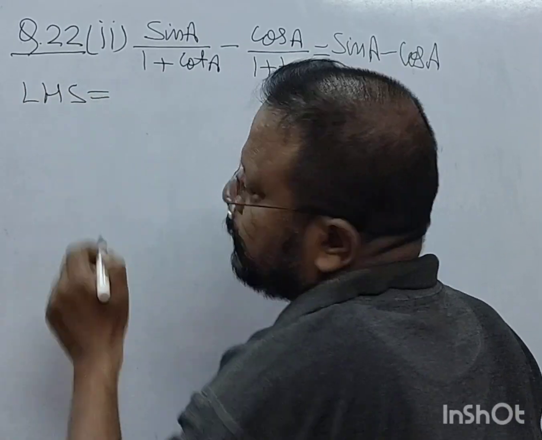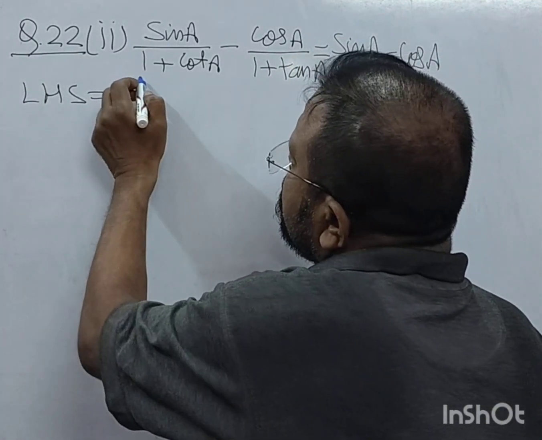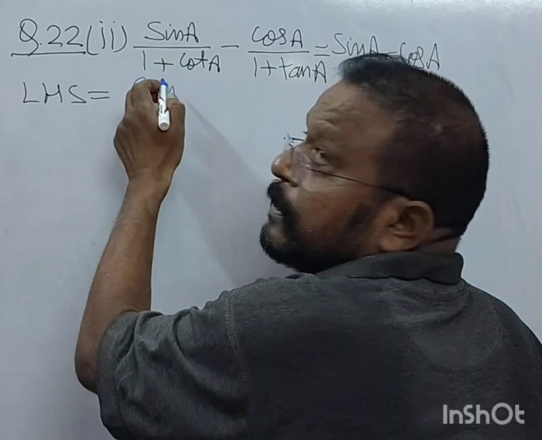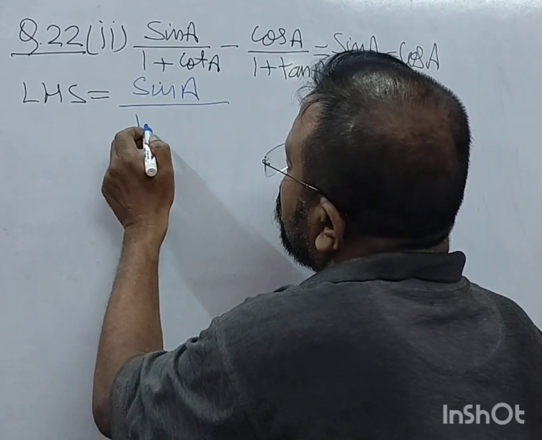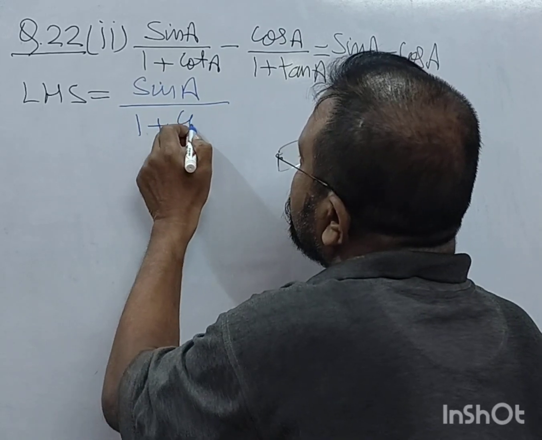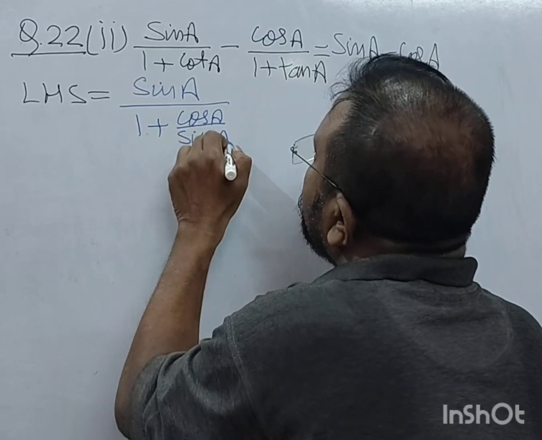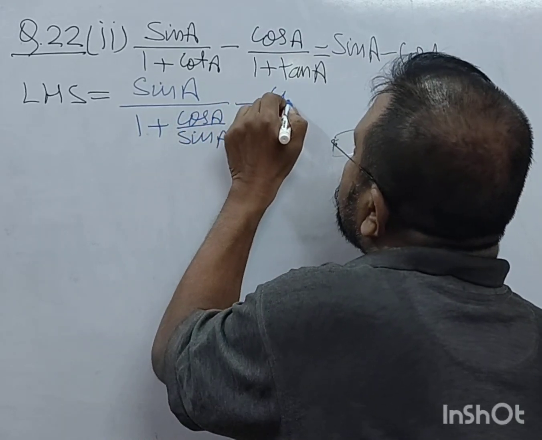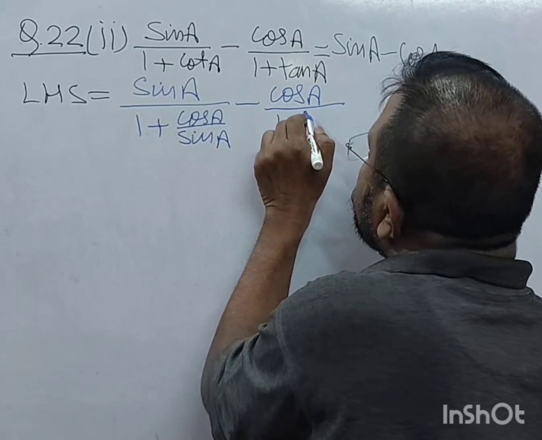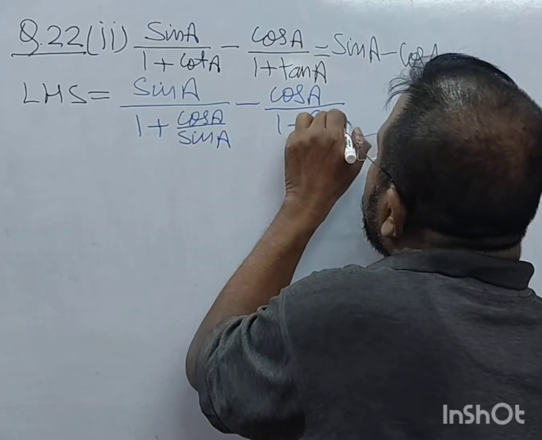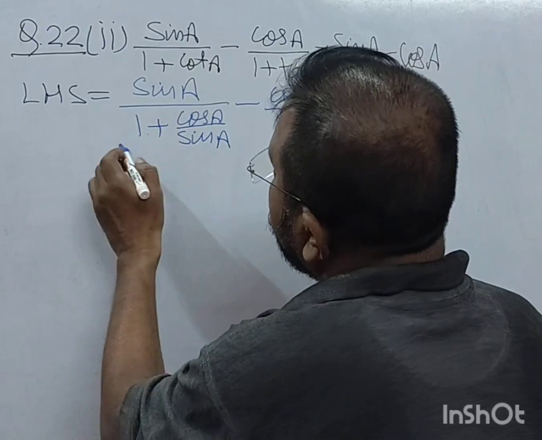So again we go for LHS, left hand side. That is sin A upon 1 plus cot A. Cot A is cos A upon sin A, minus cos A upon 1 plus sin A upon cos A. Right?